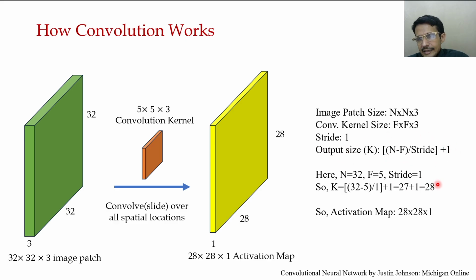So it is 28. In this way we get 28, and the depth is 1. So the activation map is basically 28 by 28 into 1. This is the dimensionality. In this way our convolution kernels are used for the convolutions.